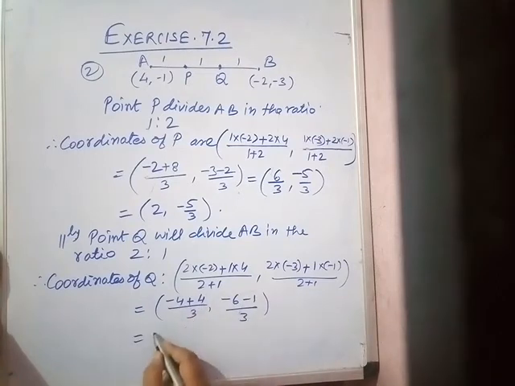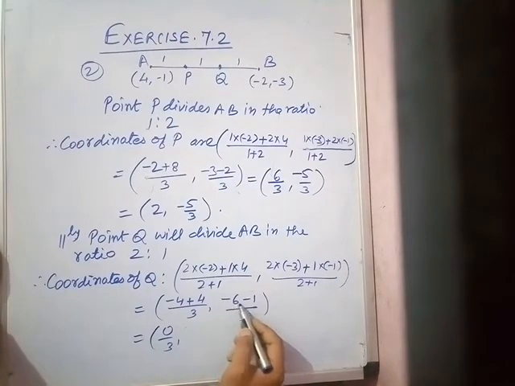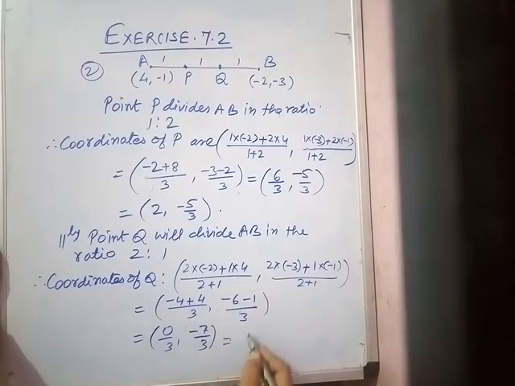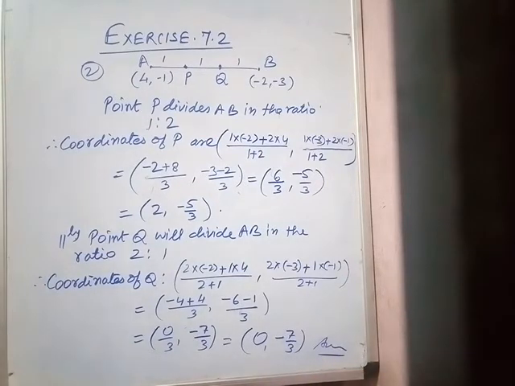So the x-coordinate becomes 4 minus 4, that is 0, and the y-coordinate is minus 7 upon 3. So it becomes 0 comma minus 7 by 3, which is the required coordinates of point Q here.